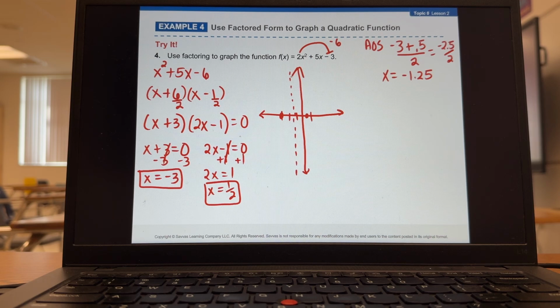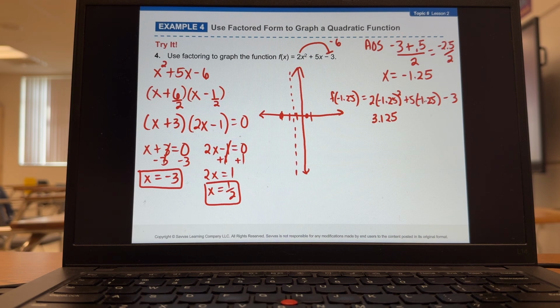Now to find my vertex that lies on this axis, I'm just going to put it back into the original problem. F of, I may not have enough space here. Two times -1.25 squared plus 5 times -1.25 minus 3. -1.25 squared times 2 is 3.125.